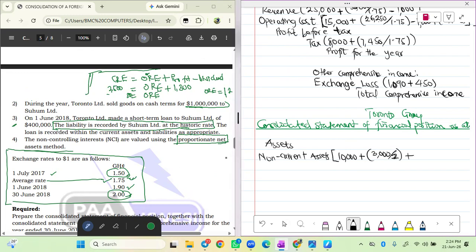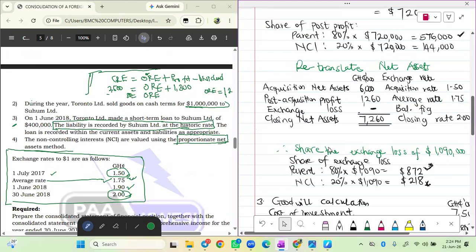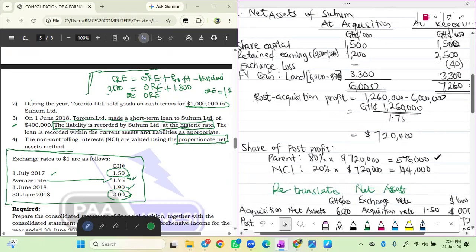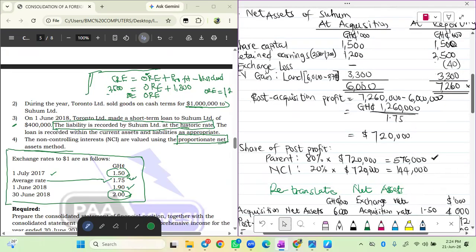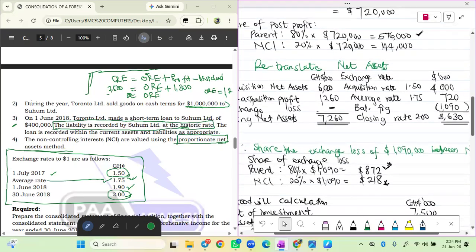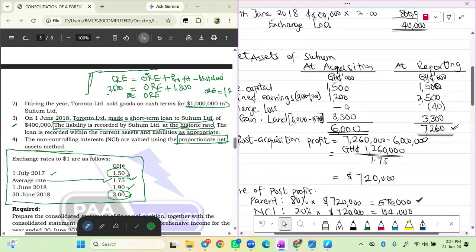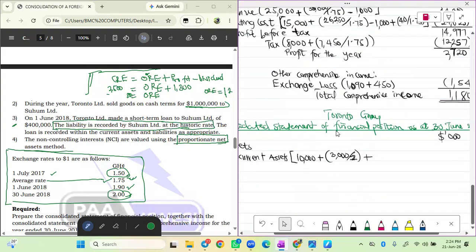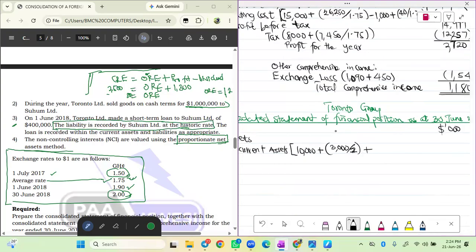We also had a fair value gain due to the increase in the land. The fair value gain was 3,300. Was it in cedis or dollars? It was in cedis, 3,300, so that one to retranslate. I think that will be all.